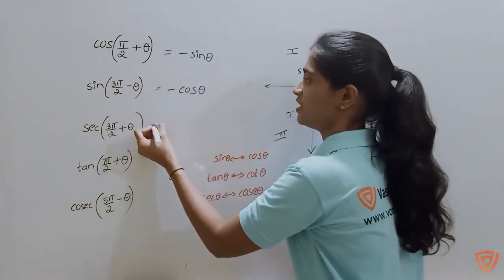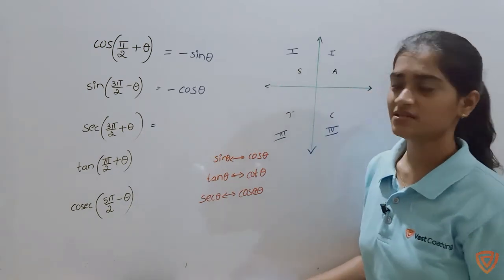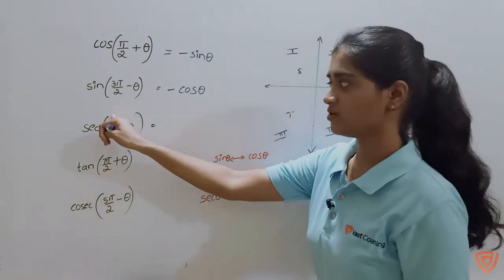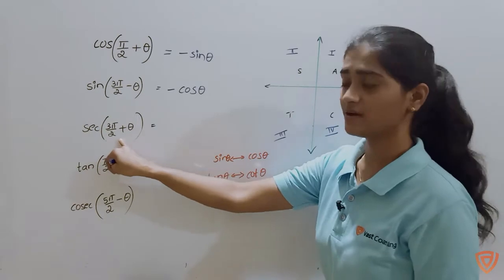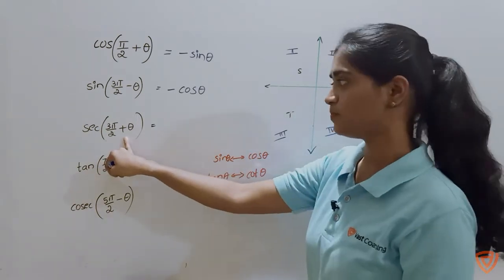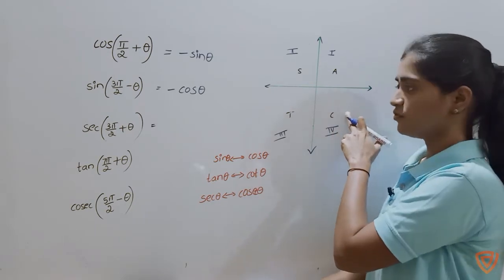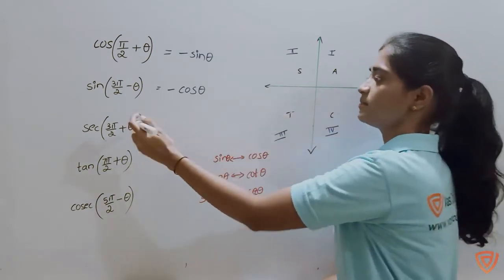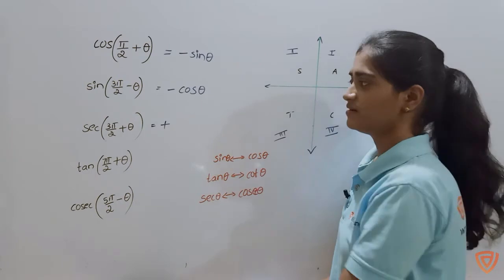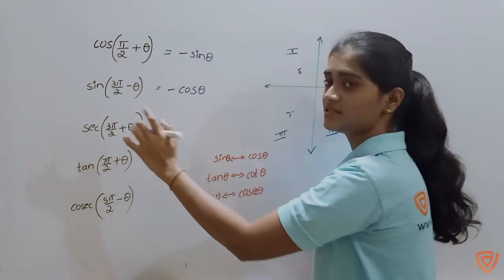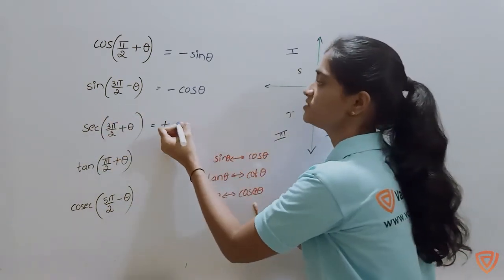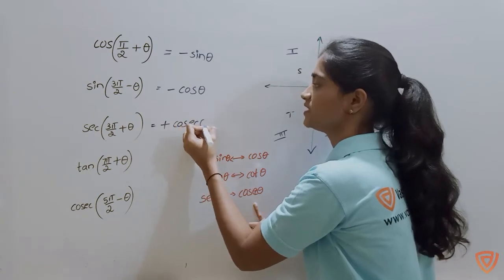So I hope you can do this. Secant of 3 pi by 2 plus theta, it's an odd multiple of pi by 2. Before that you check the quadrant. It falls in the fourth quadrant. Secant is positive, and secant's complementary is cosecant theta.